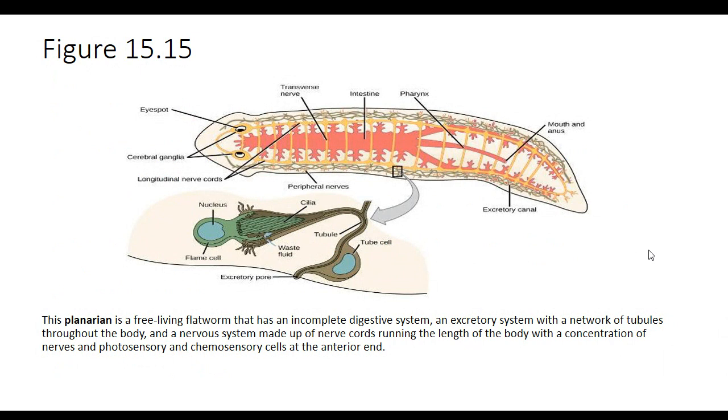If you cut them up in pieces, each piece will grow into a new worm. And if you take a sharp scalpel or a razor and cut its head in half like this, each half will grow into a complete head, and you'll have a two-headed planarian.